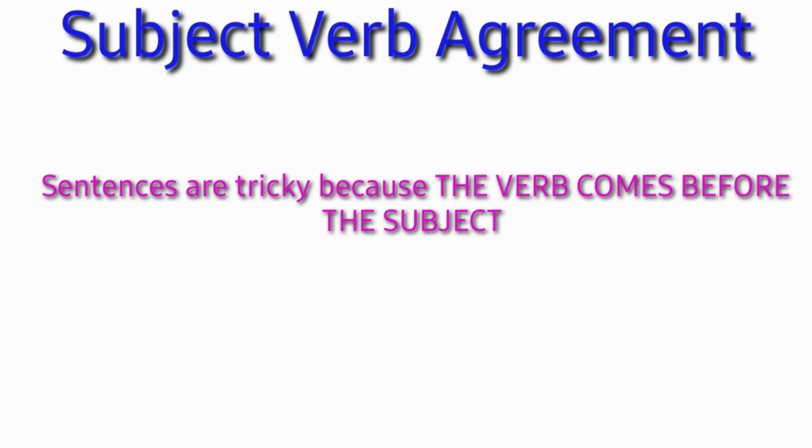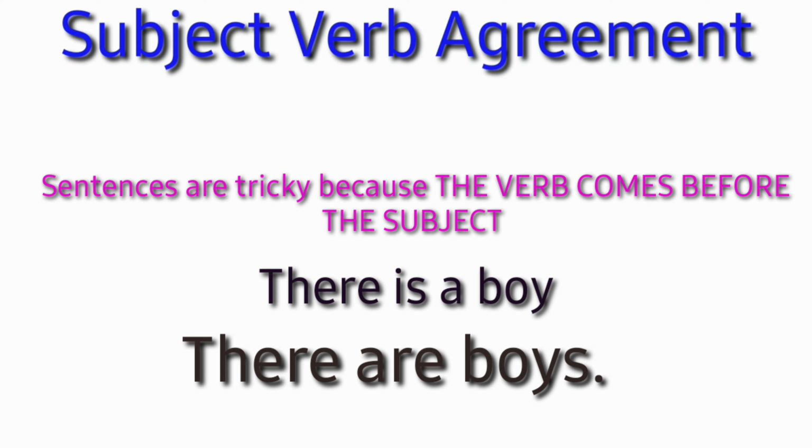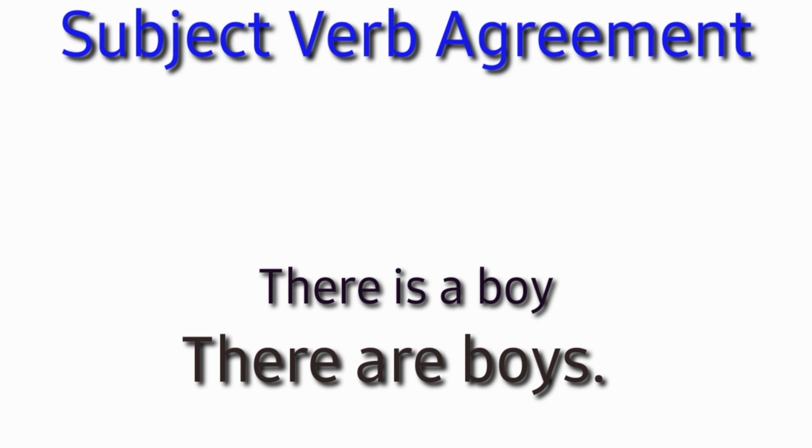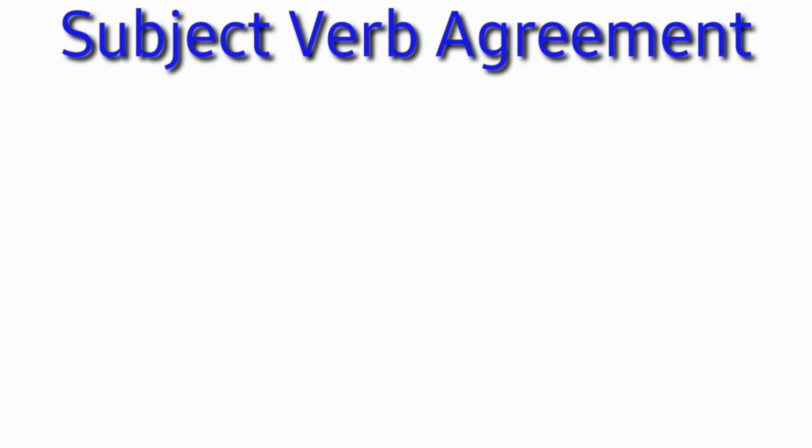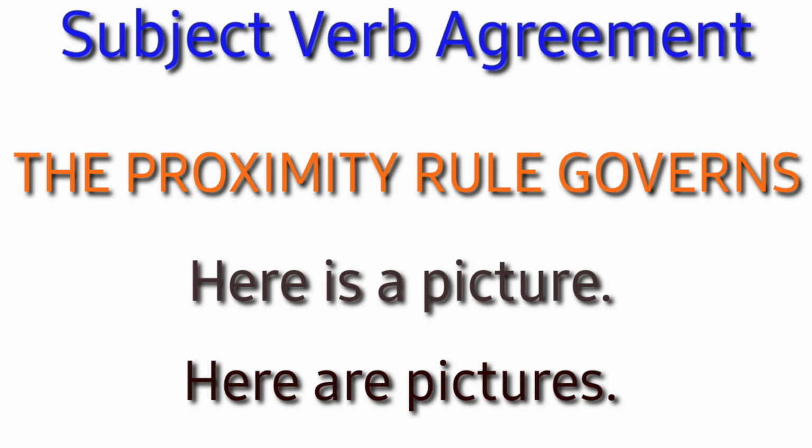They create situations in which the verb comes before the subject. The sentence constructions require that we look past the verb, that is, is or are, in order to identify the subject. That is to say, the proximity rule governs here.